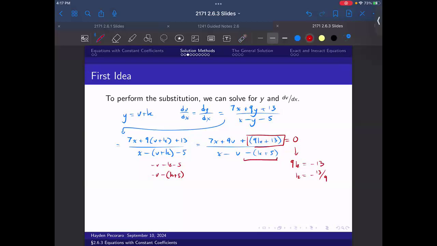So does this work? Well, if k is minus 13 over 9, then k plus 5 is minus 13 over 9 plus 45 over 9, which is definitely not equal to 0. Uh-oh.